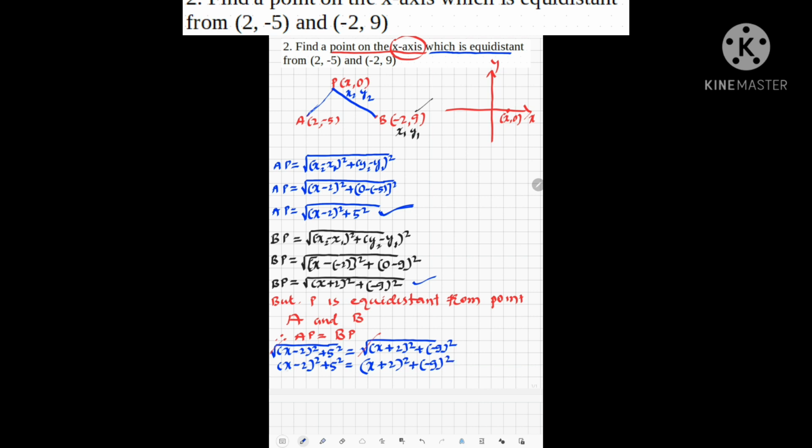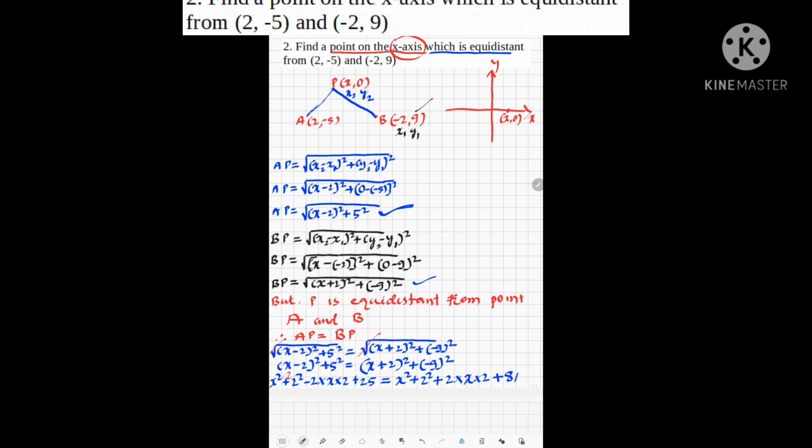Expand: (a minus b) whole square means x square plus 2 square minus 2 into x into 2, plus 5 square is 25, equal to the same, but here (a plus b) whole square, x square plus 2 square plus 2 into x into 2, plus 9 square, it will become plus 81.